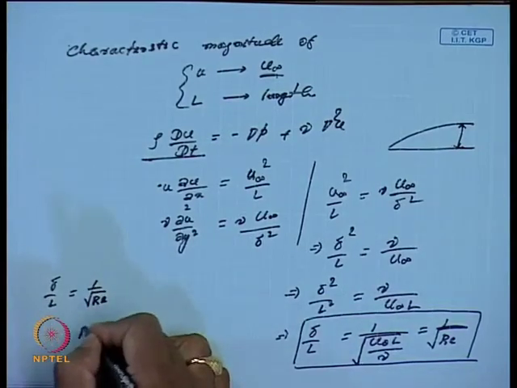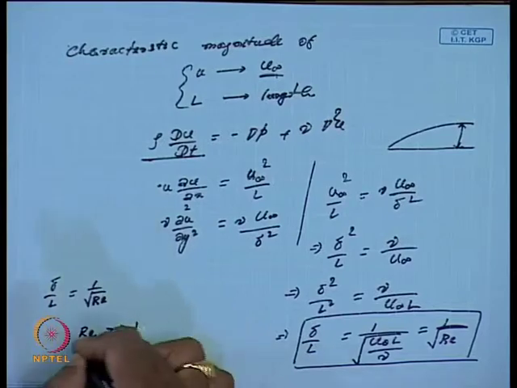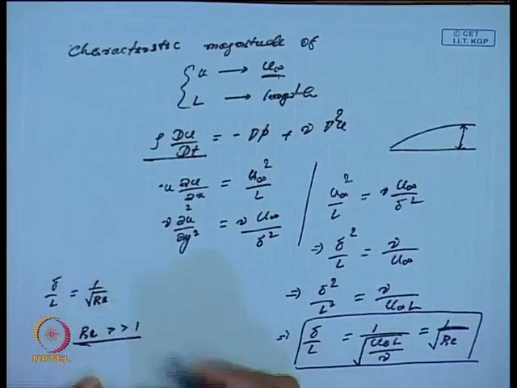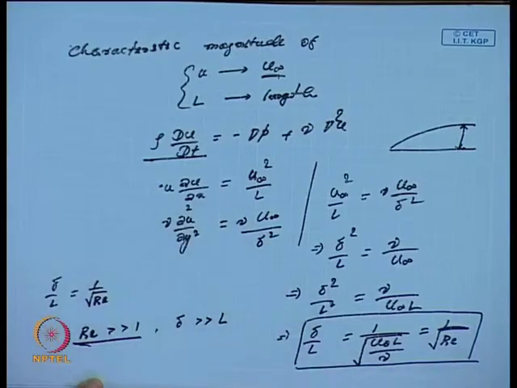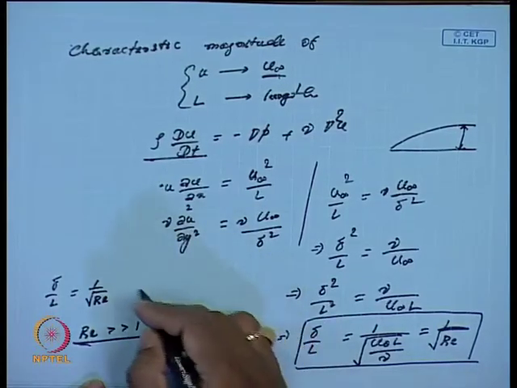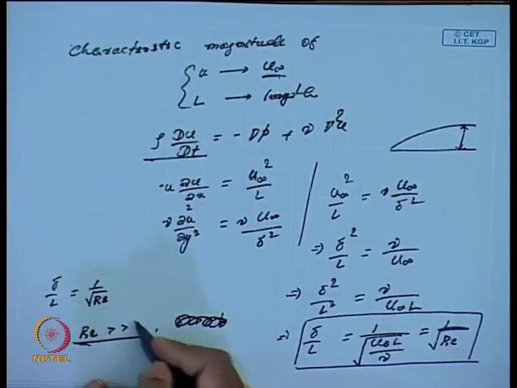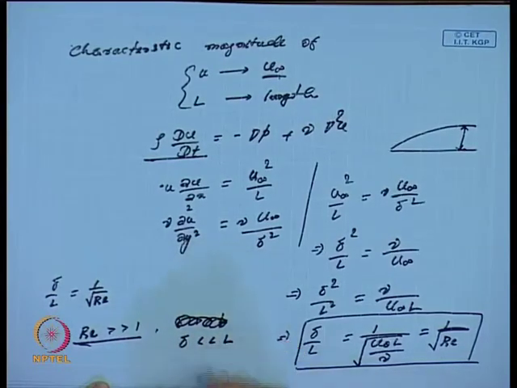Now, if Re becomes very large, this quantity will be very small. So, if Re is large, this quantity will tend to 0, that means delta is very small compared to L.